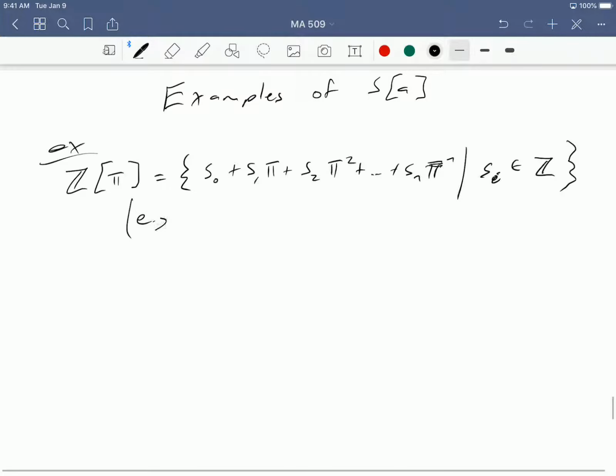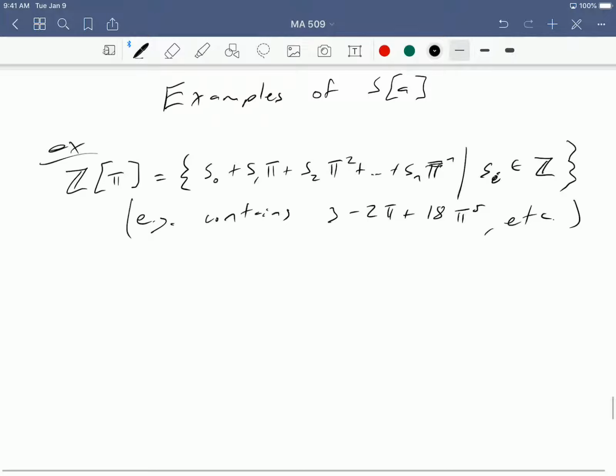So this contains things like 3 minus 2 pi plus 18 pi to the fifth. So it contains things of that form, polynomial expressions with pi.